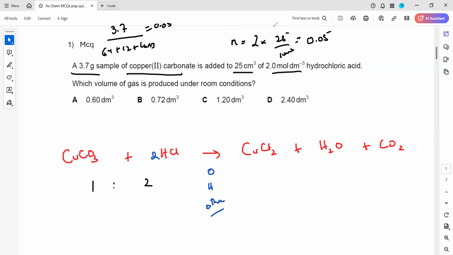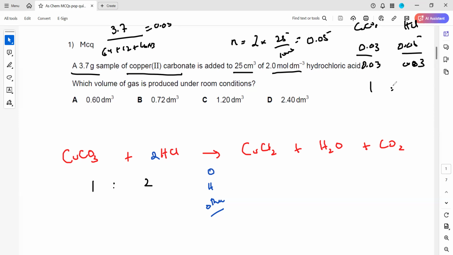But according to the question, I have 0.03 and 0.05, copper carbonate and HCl. If I take the simplest ratio between them, I'll divide by the smallest value. So when I divide by the smallest value, this will be 1 and 0.05 divided by 0.03.